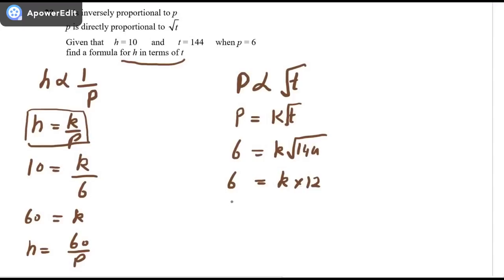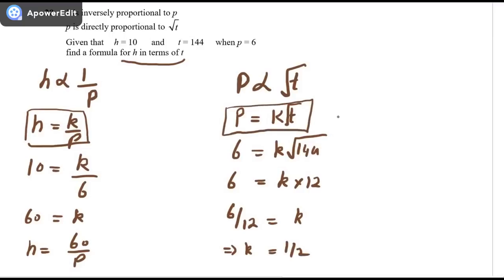So now we're going to divide both sides by 12, so 6 over 12 is going to be k, so this means k is going to be half. Now we're going to put k over here, so this implies that p is equal to root t over 2, which is half, the same thing.